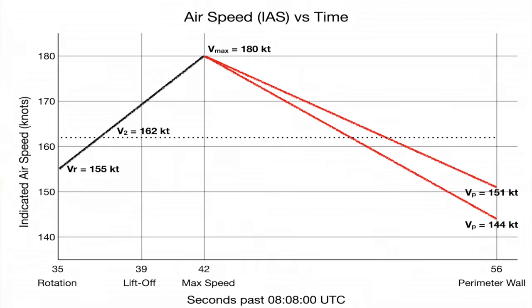Based on this, the estimated airspeed at the airport perimeter wall is approximately 144 to 151 knots indicated airspeed. This is below the reported V2 of 162 and is consistent with both the meteorological information and the preliminary report's observation that the aircraft had begun to lose altitude before crossing the perimeter wall.